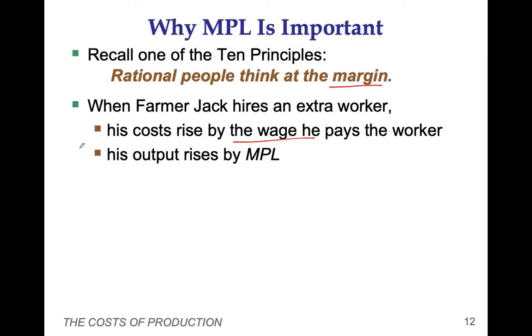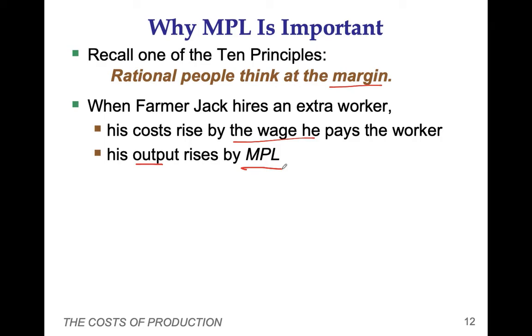The revenue is represented by the output, how much output this extra worker is going to produce. This extra worker's production is represented by his marginal product of labor. How many units of output this extra worker will produce.